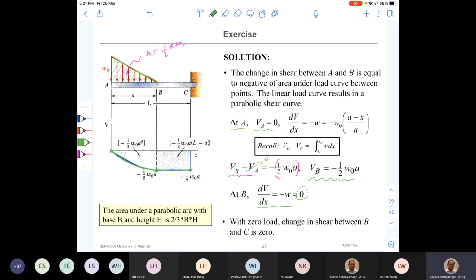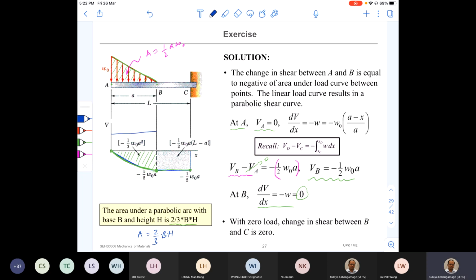So this is the first portion. So what is the area of this portion? It's a parabolic curve, right? So under the parabolic arc, the area under that one is given by this equation here. So if I write it here, A should be 2/3 of B into H. Here B is the width or the base, right?